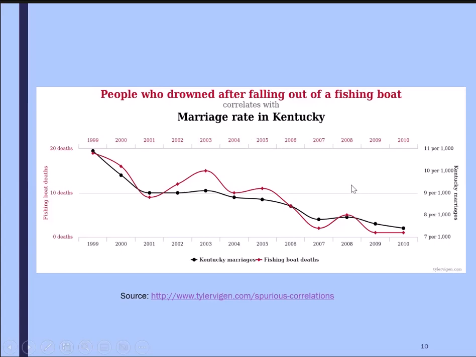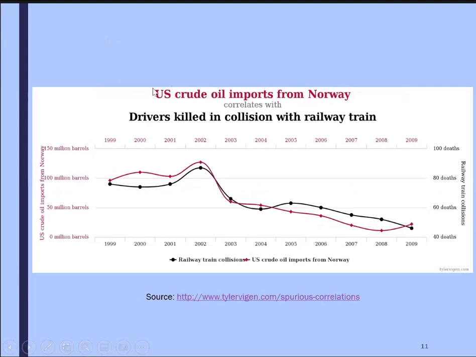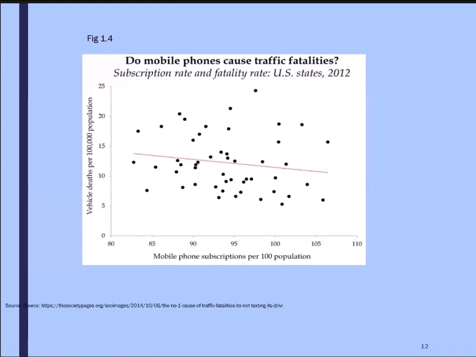It would just be silly to conclude it. And the next one is U.S. crude oil imports from Norway, and that correlates with drivers that are killed in collision with a railway train. Again, they're both following a very similar path, but it wouldn't really make sense to say that one of them causes the other one.